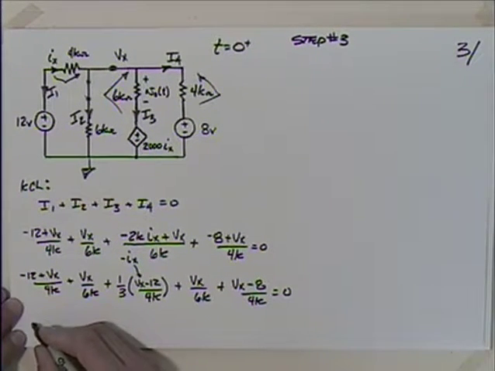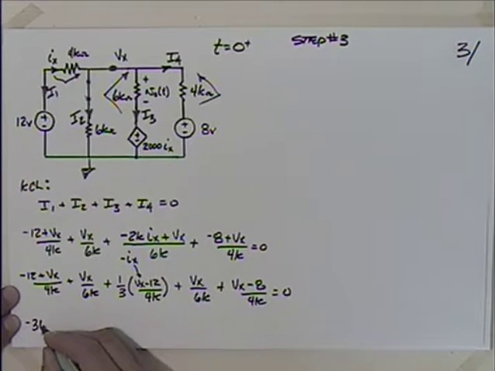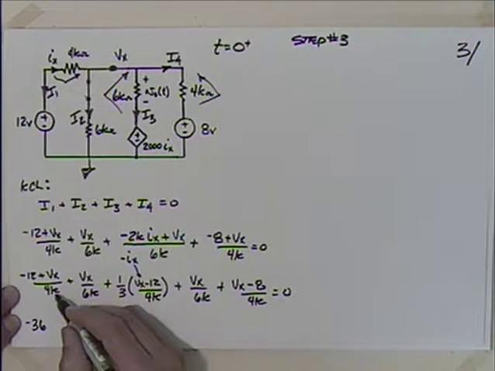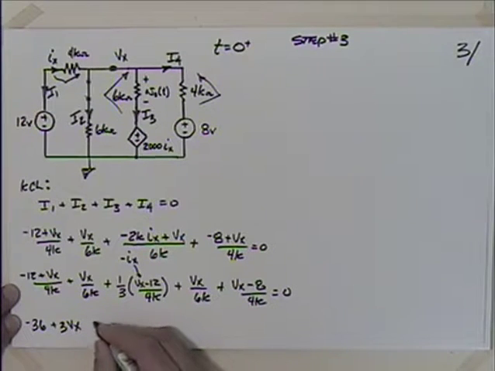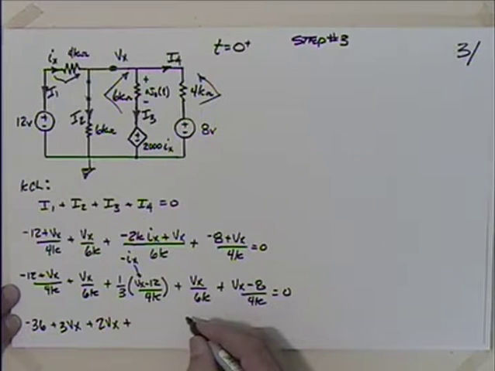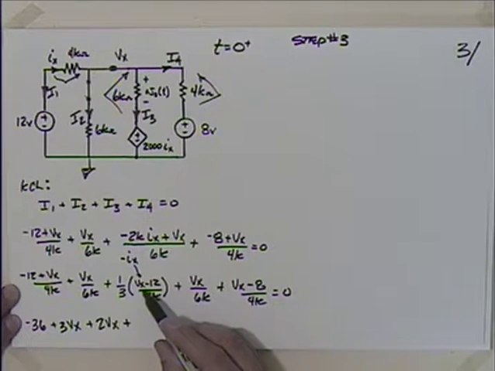When I multiply everything by 12K, I get minus 36, because 4 goes into 12K 3 times, plus 3 Vx plus 2 Vx plus, and then this is going to be, what did I have here?